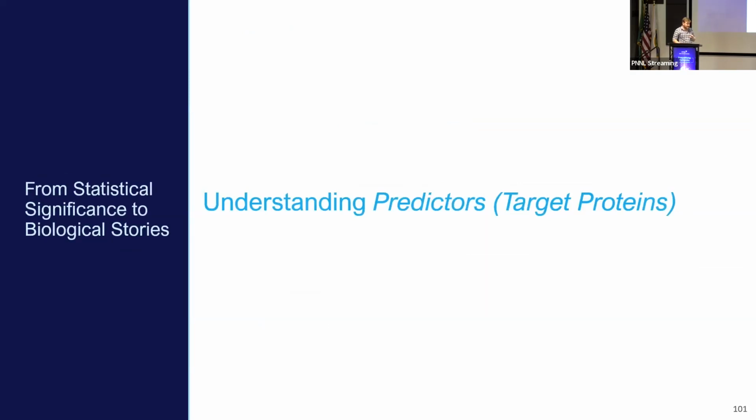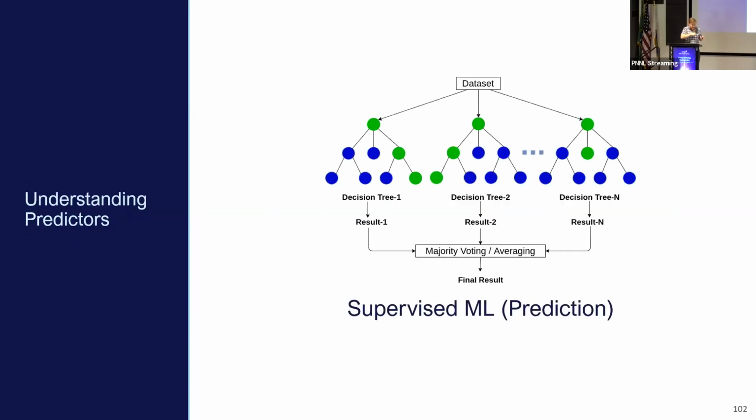Okay, great. So I kind of just took us through one way that we can answer a bunch of questions with data exploration. Maybe here you're interested instead in understanding the predictors of your target protein for a specific group. So one way people try to understand their predictors in terms of their biomolecules is to use supervised machine learning or prediction.